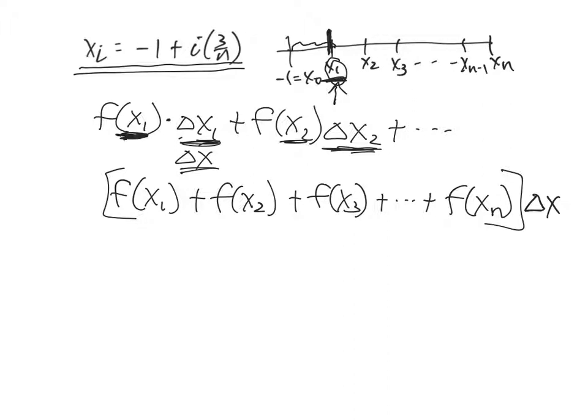But now, let's take a look at what the function is. In our example, we are looking at the definite integral from negative 1 to 2 of the function 4 minus x squared. So we're going to be inputting these x values into this function.